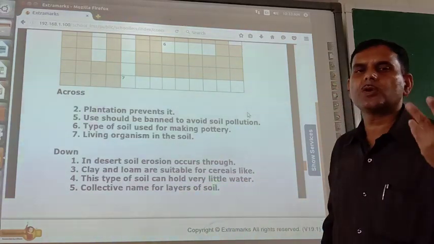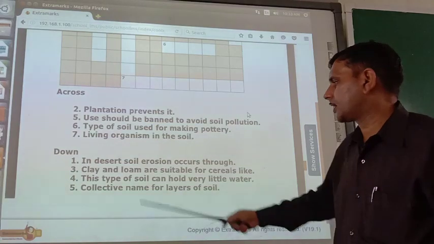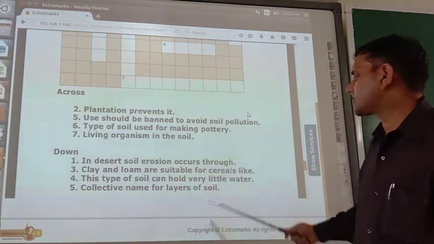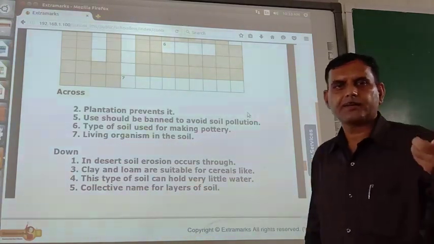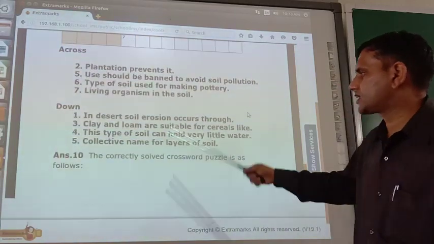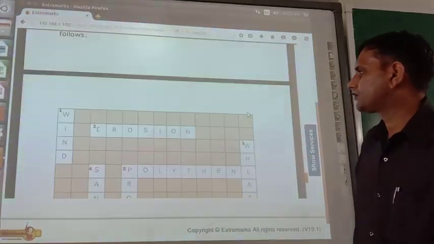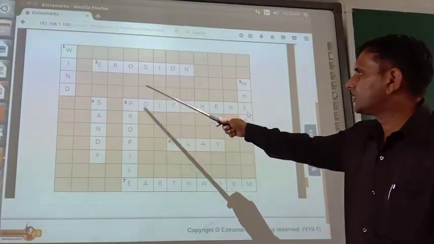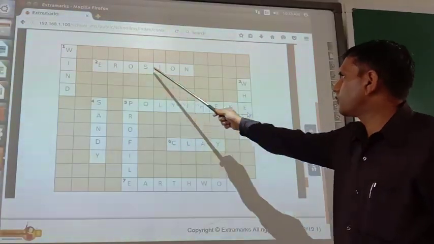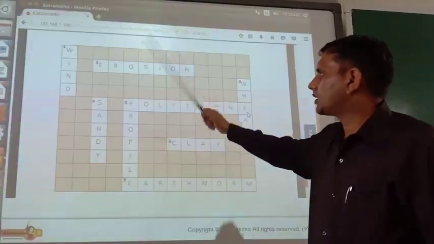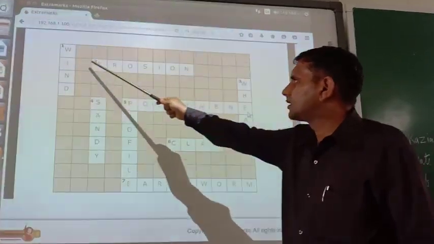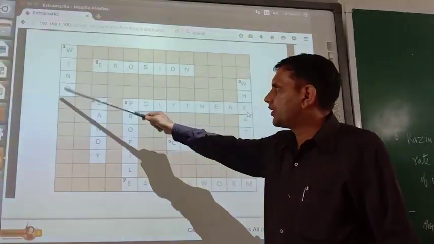Sandy soil holds only a little bit of water. Collective name for layers of soil: soil profile. Just see the correct answer. Erosion. Next one is down, wind.